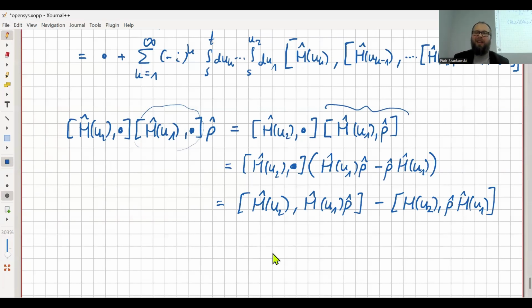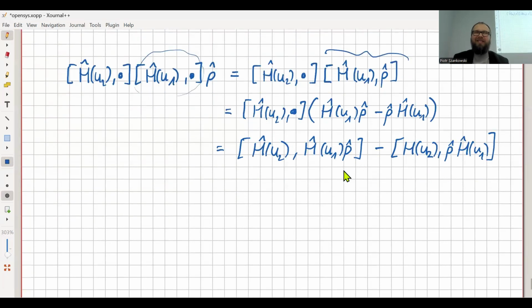But now the commutator is linear, so we can just bring it back together: the commutator of H_{u_2} with the commutator of H_{u_1} with rho.